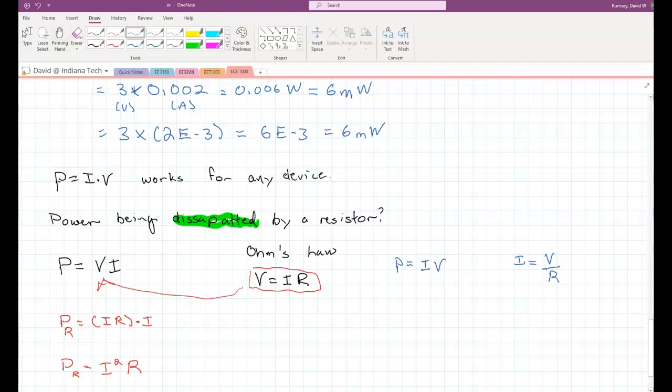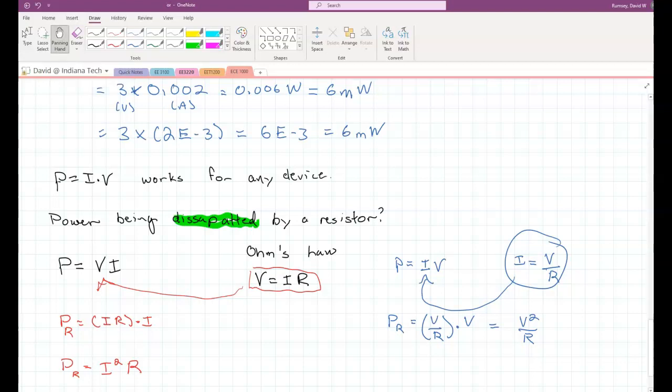And then we could take this equation here and substitute it in for I. And so we get another formula that the power being dissipated by a resistor, I should say, is equal to voltage divided by resistance times voltage, which is equal to V squared divided by the resistance.